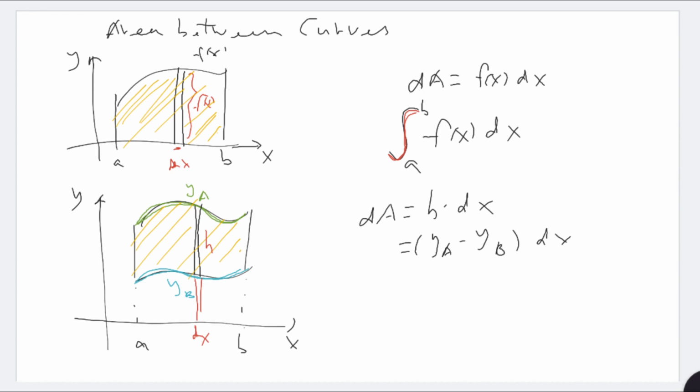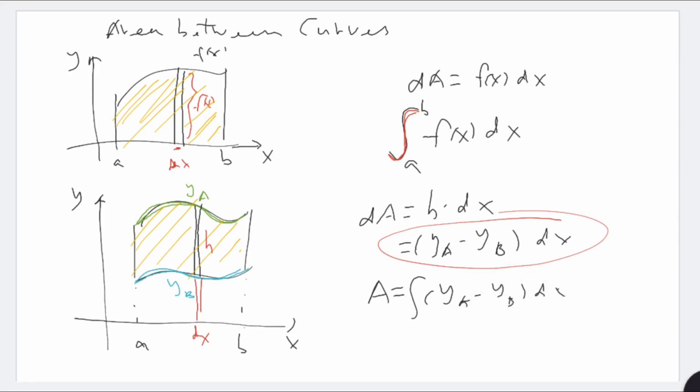Then the area of this yellow shaded region will be the sum of the dAs, from a to b.